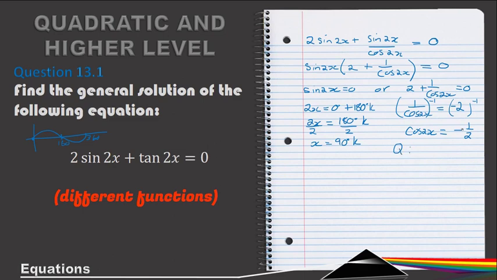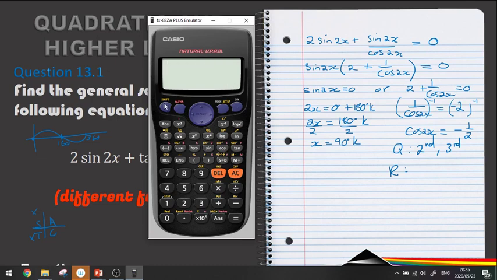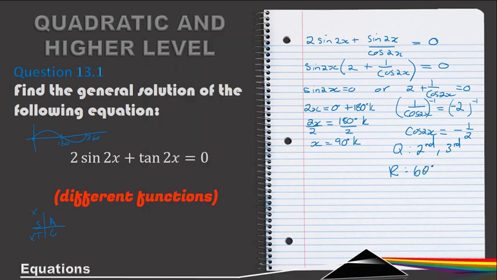This is negative, so cos is negative in the second and third quadrants. Then the reference angle: shift cos 0.5, that's 60 degrees. My reference angle is 60 degrees.